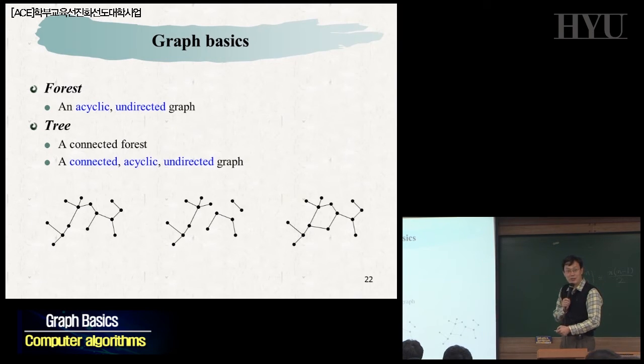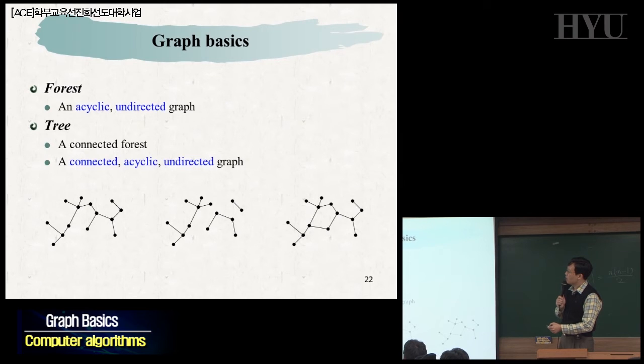There is no cycle and it is undirected. It's a forest. How about this? Is it a forest? Yes. Undirected and acyclic. How about this? No. Why not? Yes. There is a cycle. So it isn't acyclic, so it's not a forest.